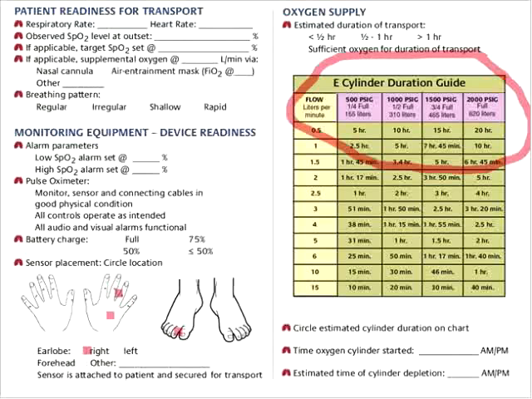We made it a little bit pedantic in that we asked for the time the oxygen cylinder started and the estimated time that it would deplete, so that you had to look at the charge and then figure it out. So if these two are filled in, then you know that the individual's actually done the calculation, or at least attempted to. So it acts like a check-off on the receiver as well.